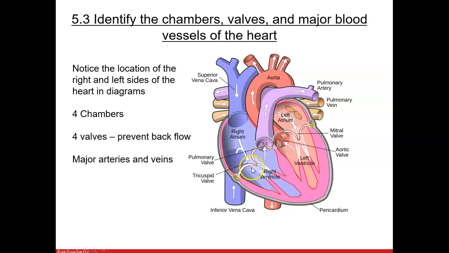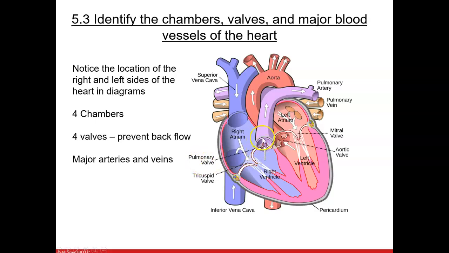So we've got 4 valves. We've got the tricuspid valve, also called the right AV valve. We've got the mitral valve, also called the left AV valve. Here we have a pulmonary valve. A lot of us have heard of CPR, cardiopulmonary resuscitation. Cardio means heart, pulmonary means lungs.